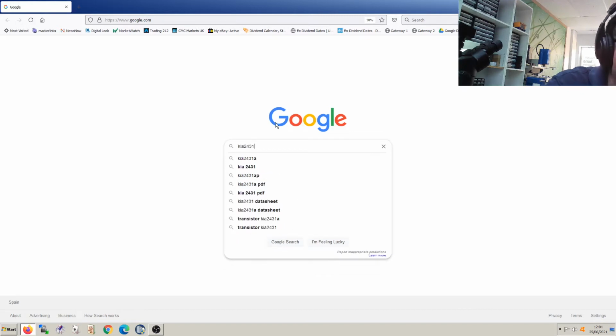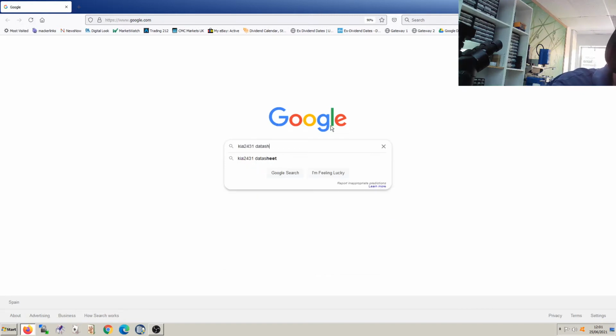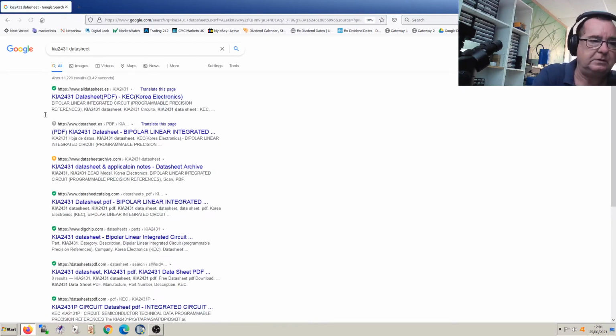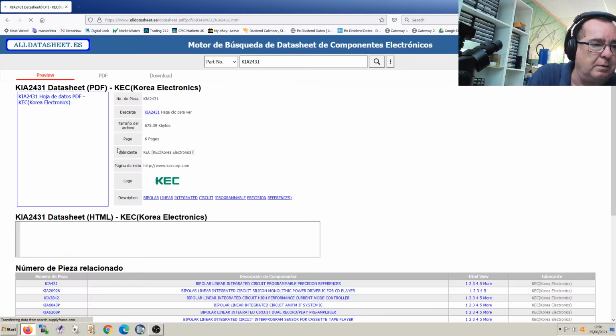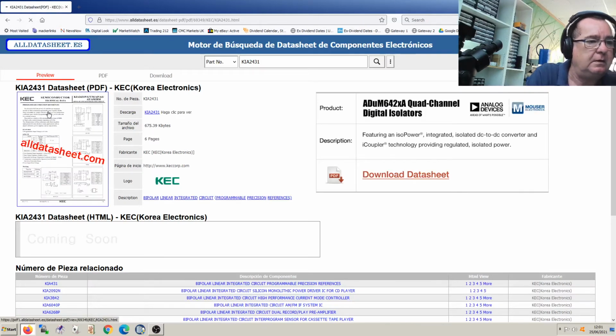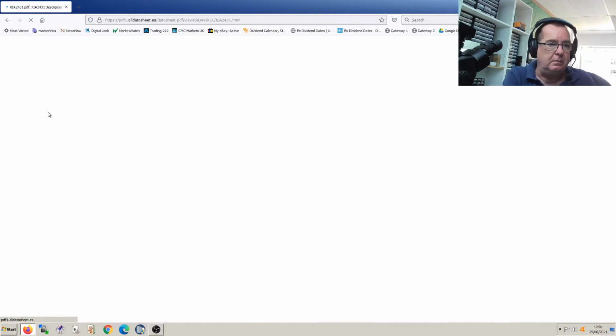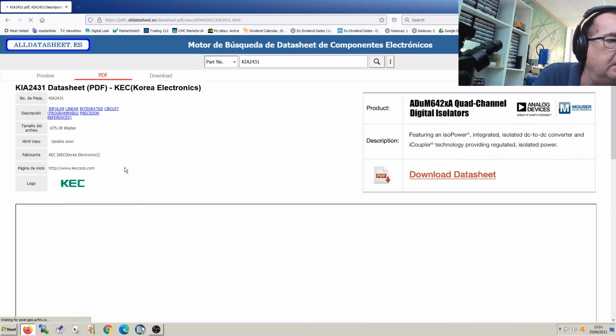KIA2431 datasheet. What's it tell us? It's a linear, it's a programmable, it's the same sort of thing, yeah? The same sort of thing.